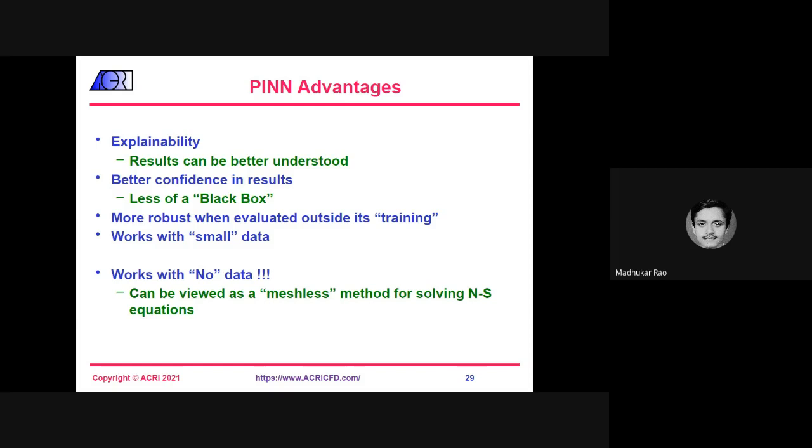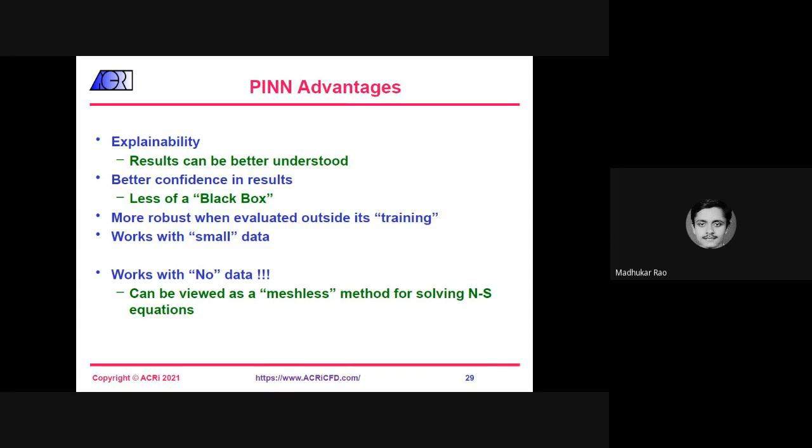And my own opinion is it is much more robust when evaluated outside its training data. I think given the nature of fluid flow, we will never find enough data to train a neural network for all the possible combinations of circumstances that can happen. And it is inevitable that in the field, it will be exposed to inputs that are outside the range of its training.